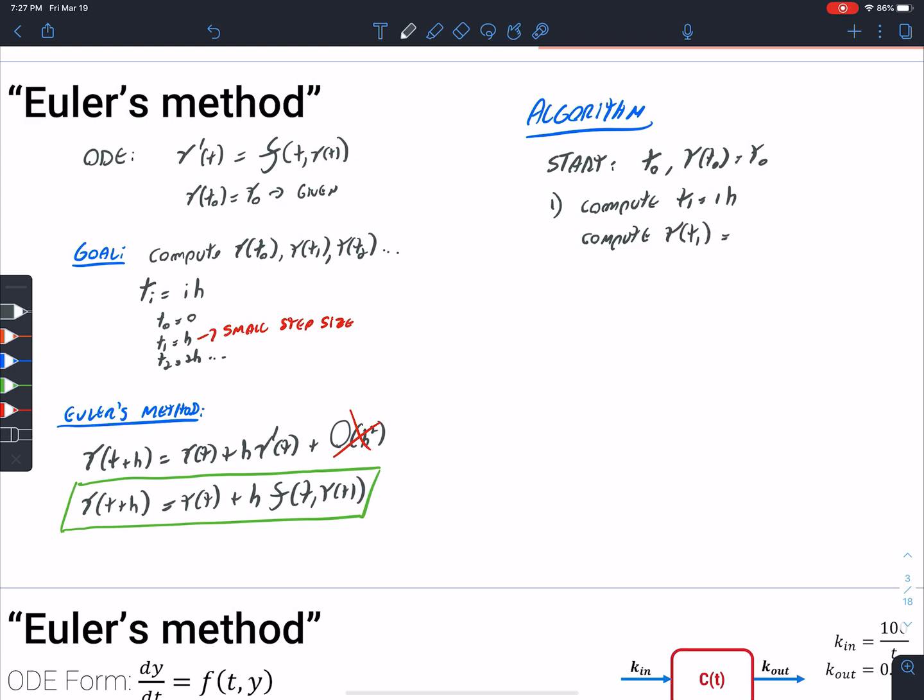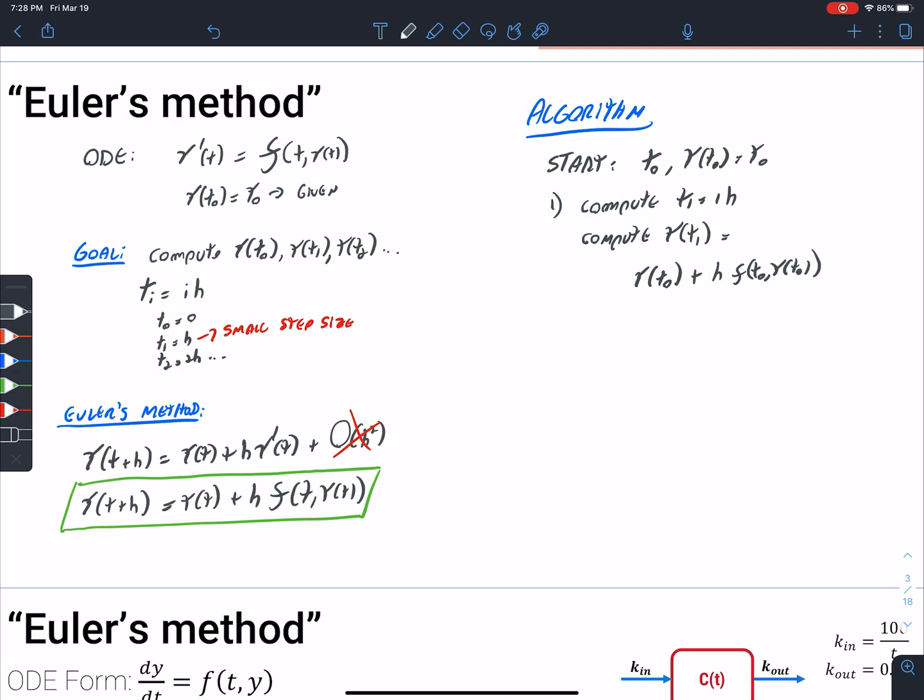This will be given by Euler's method, the formula. We know all the parts, so I'll just write this down below. This is going to be equal to y of t0 plus h times f at t0, y of t0. These things are given.